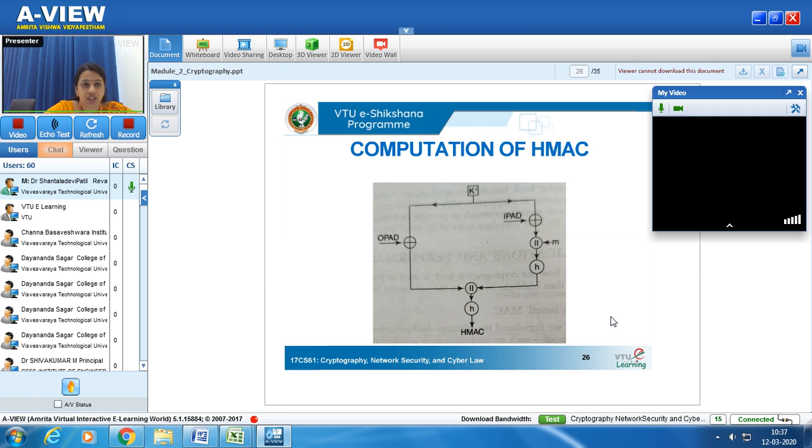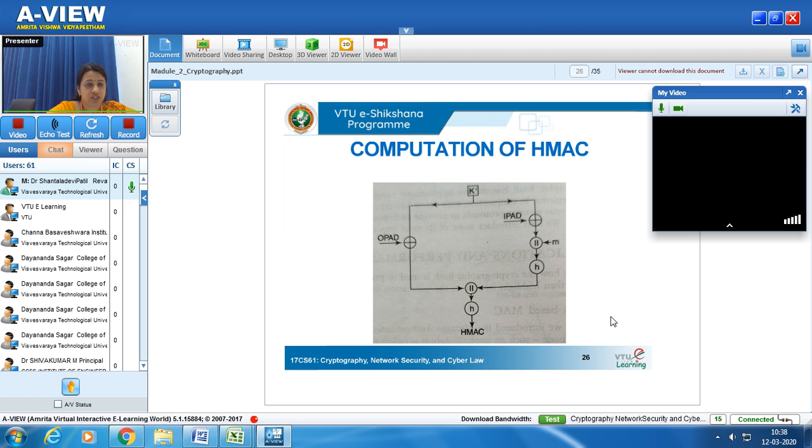Let's try to understand the notations used here. K stands for the initialization vector or the key, ipad stands for inner padding, opad stands for outer padding, and M stands for the message. ipad is a hex value, hex 36, which is repeated 64 times, and opad is another hex value, which is again repeated 64 times.